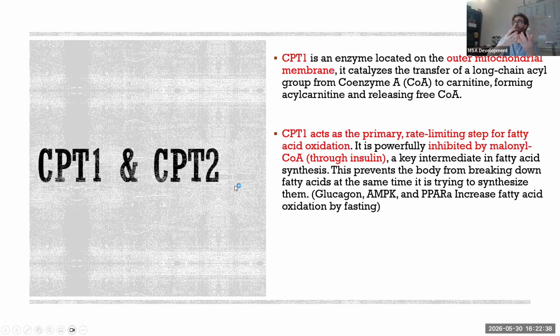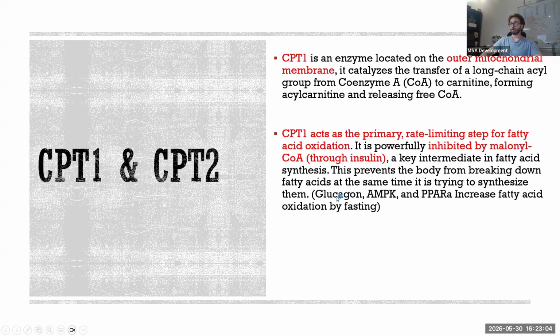So why does malonyl-CoA actually inhibit fatty acid oxidation? Because when malonyl-CoA is being produced, it wants to become palmitate. So of course it's going to prevent the breakdown of this palmitate. And why are we building and breaking at the same time? Got it? First remember, CPT1 is inhibited through malonyl-CoA, which acts through insulin, so that we can have successful fatty acid synthesis.